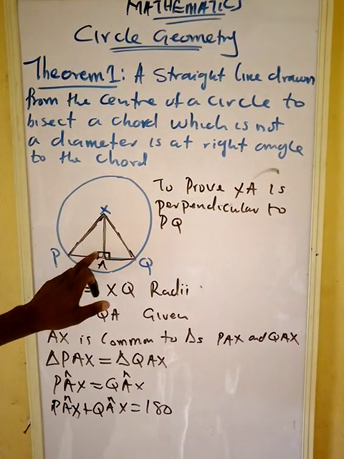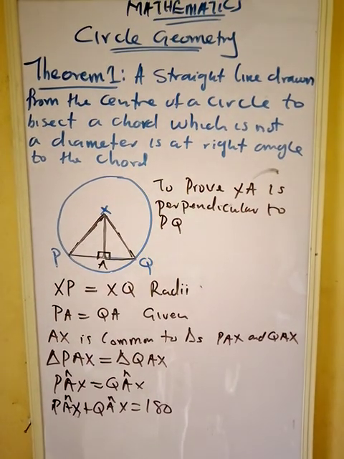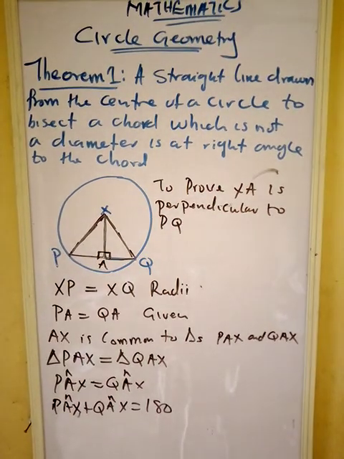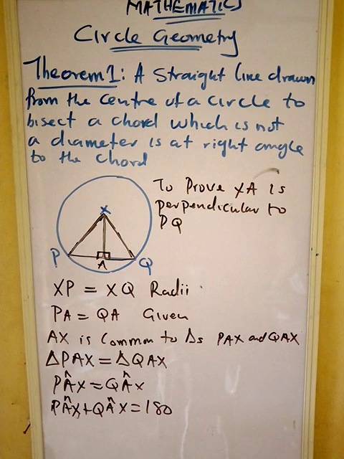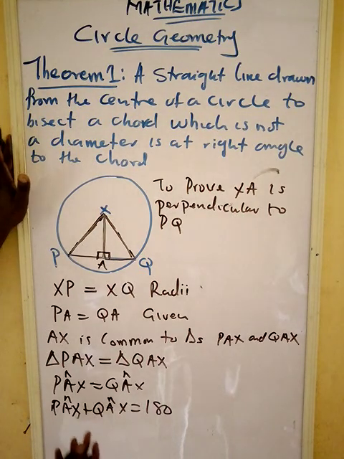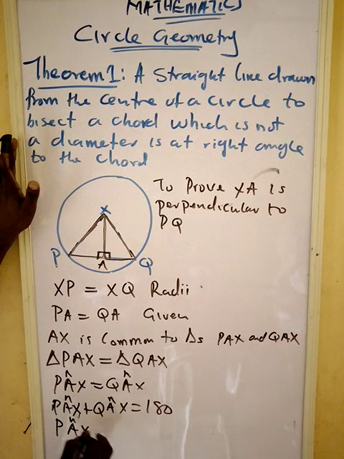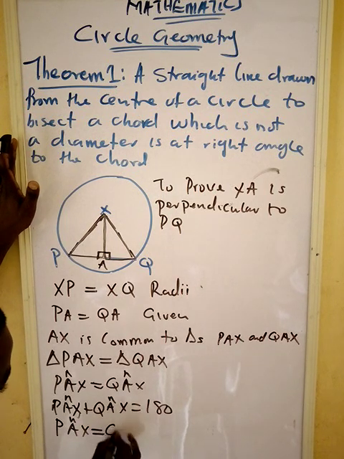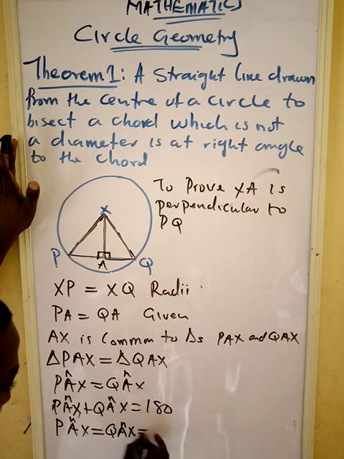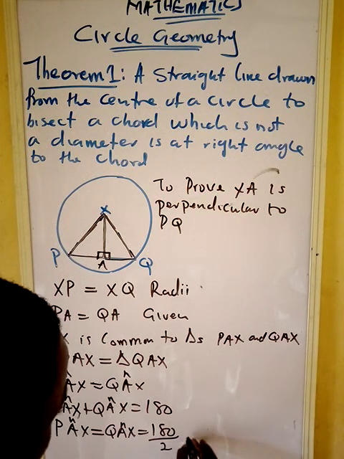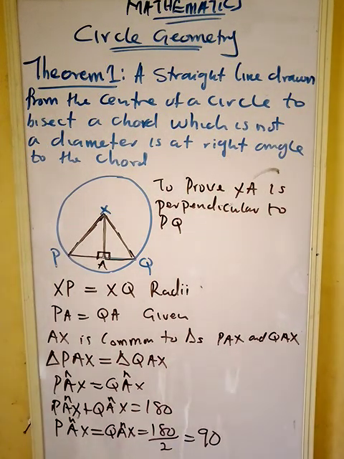That is, this A here plus this A here will give us 180. That is angles on a straight line. If that is the case, I can equally say that our PAX is equal to QAX, which is equal to 180 divided by 2, which gives us 90.